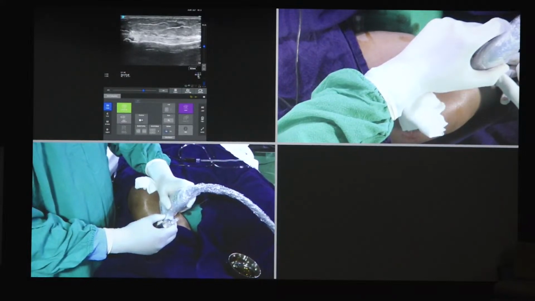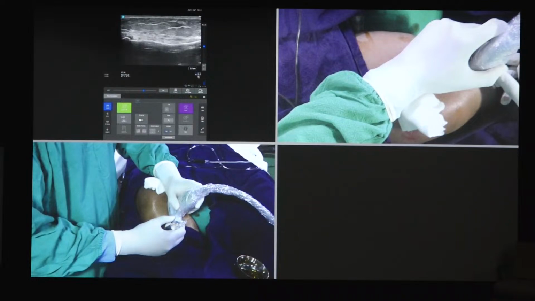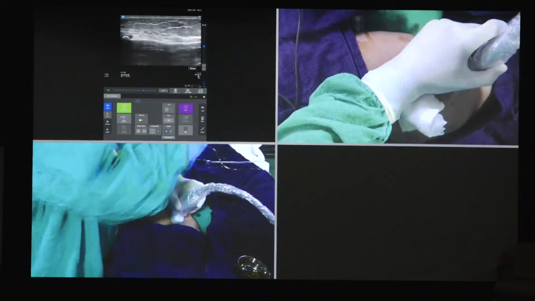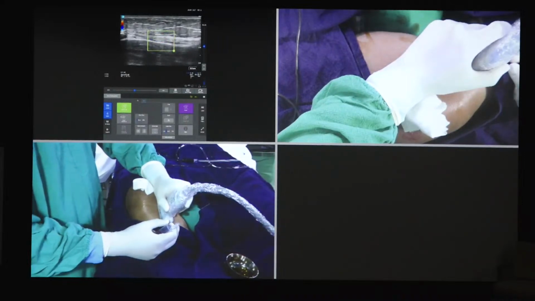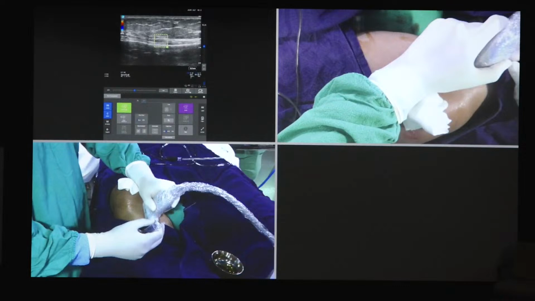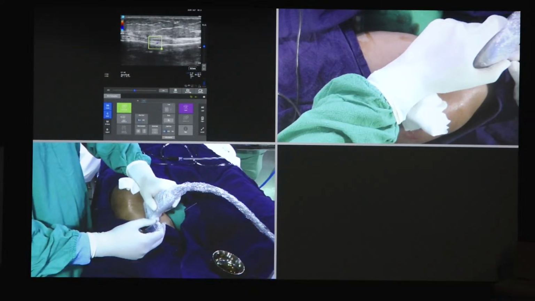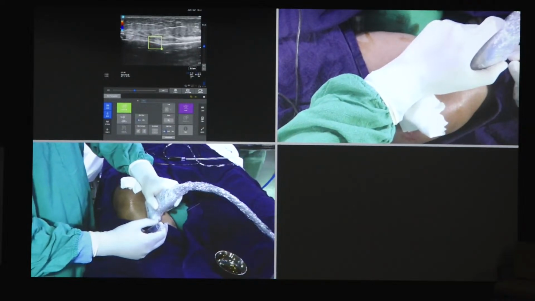Can we put the color? See on the left side, yeah. So you can see the vessel there exactly at the junction of the shaft and condyle.